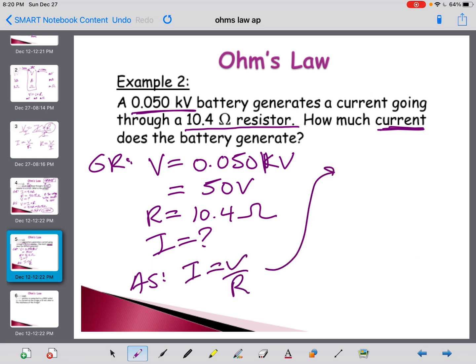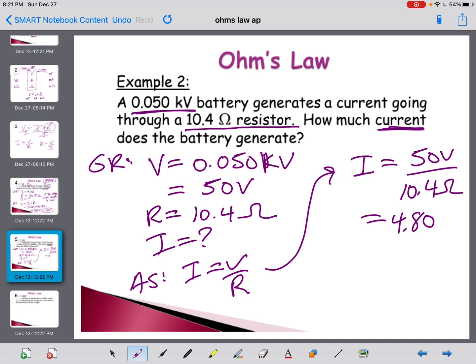And then I'm just going to continue up here. So we have everything in the proper unit, so we're going to plug this in. So we have 50 divided by 10.4, which is 4.8077, etc. We're not going to use all these digits because we're going to have to round this now. But the unit, again, is in amps.